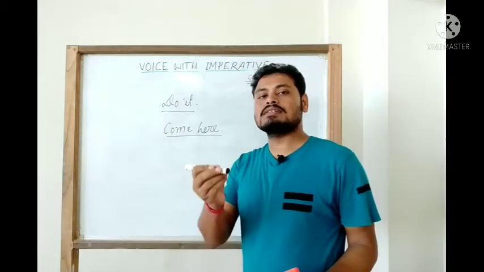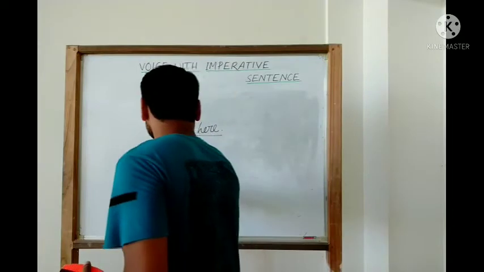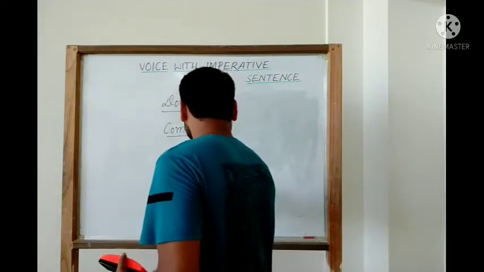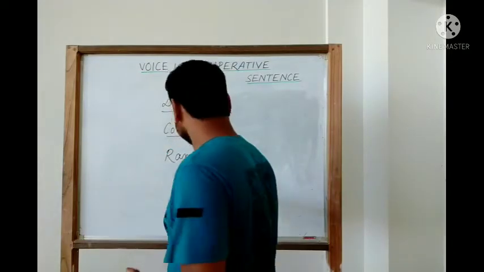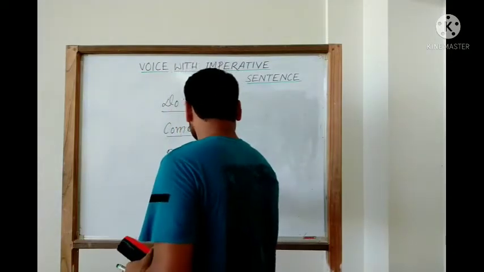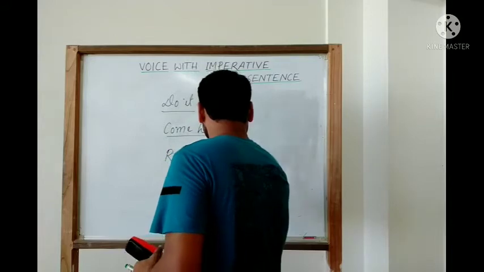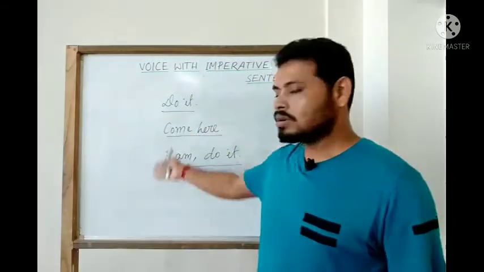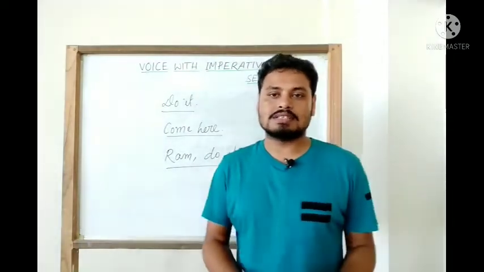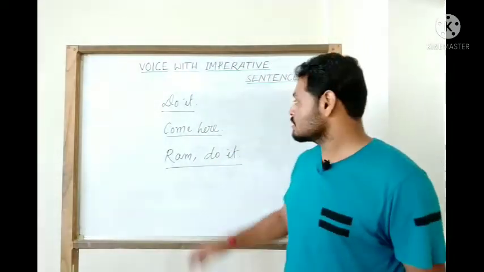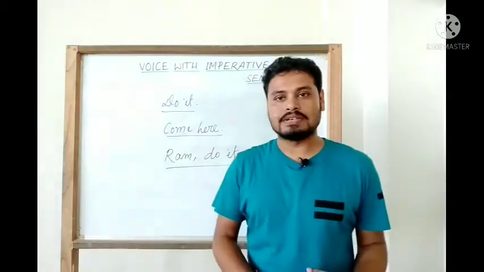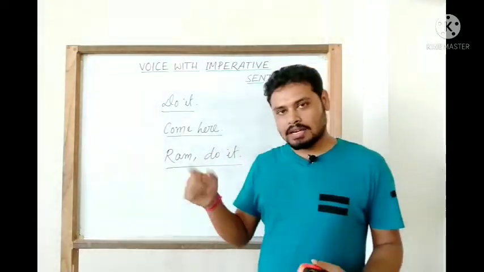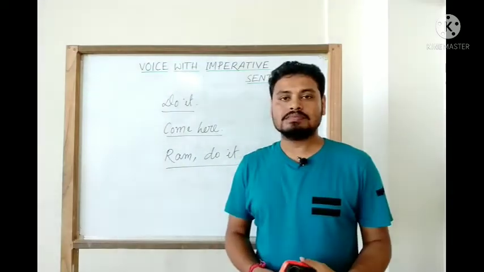Let me write another one for you. Ram, do it. I have written three different sentences. At least you can see here if you read: Do it, come here, Ram, then a comma, do it.